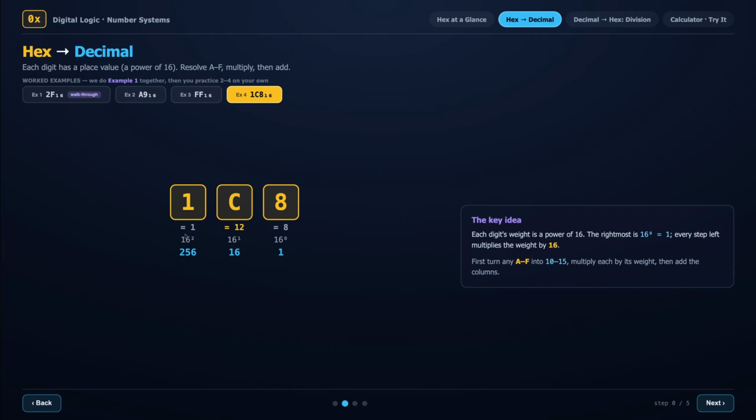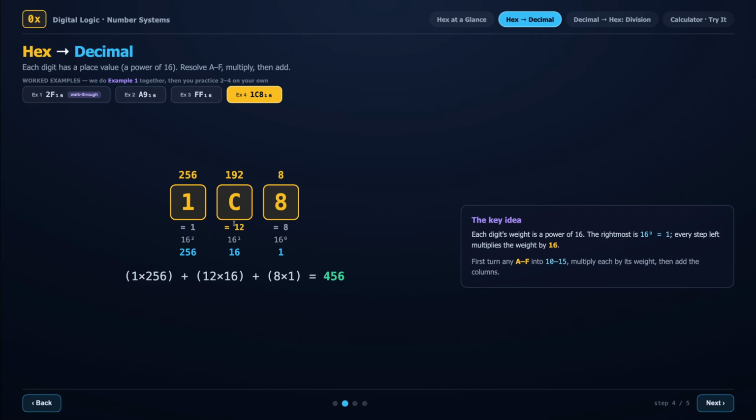Okay, so then I take the positional weighting. I have 16 squared. 16 squared is 256. So there's 256. Then I take 12 times 16, and that's what comes up in the next position. And then I have 8 times 16 to the 0. 16 to the 0 is 1. So then there's an 8 here. I add those together, and I get the decimal representation for this bit pattern.